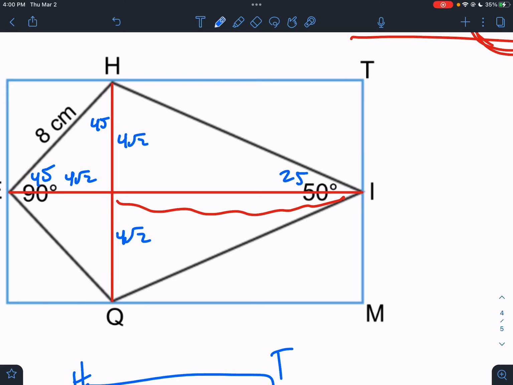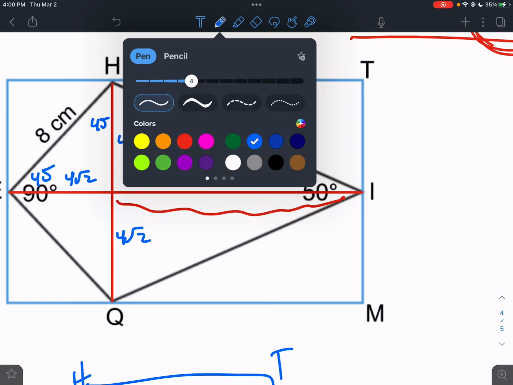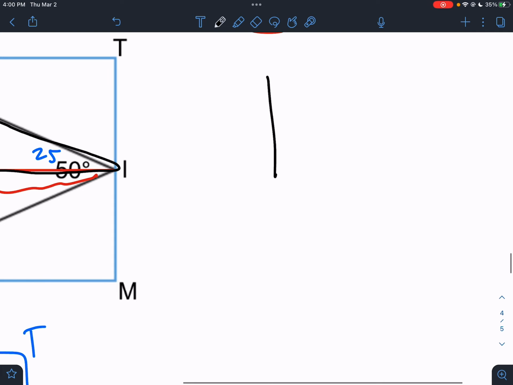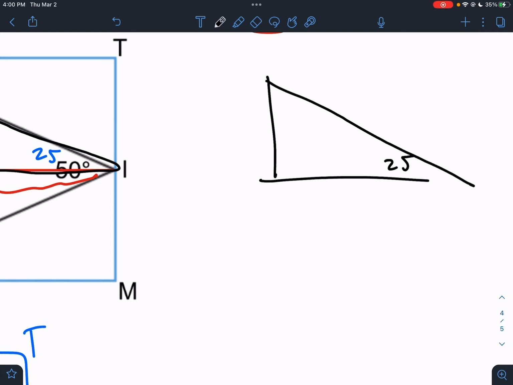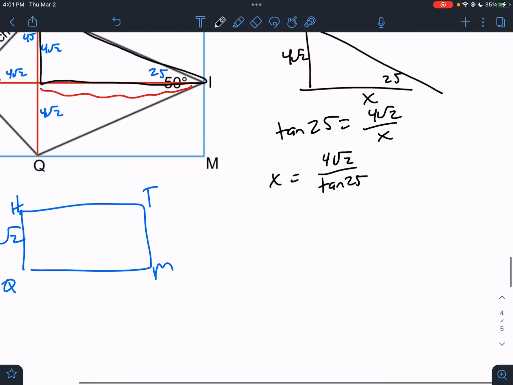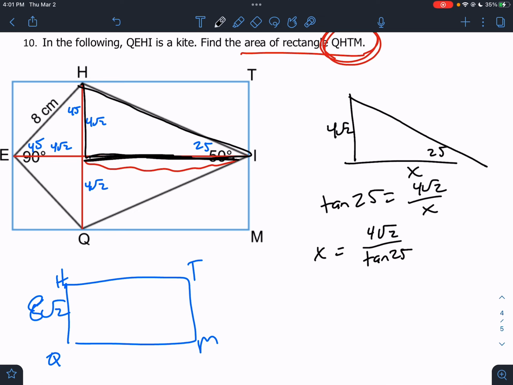Over here, this would be 25 degrees. If I take this right triangle, I'm going to draw it over here. We have a 25 and a 4 root 2. Call this x. So the tangent of 25 would equal 4 root 2 over x. X would equal 4 root 2 over the tangent of 25. That would be this distance right here, which is the one we want.